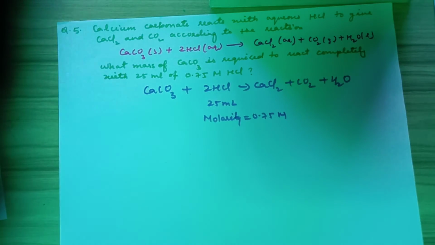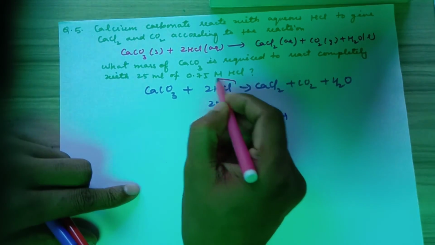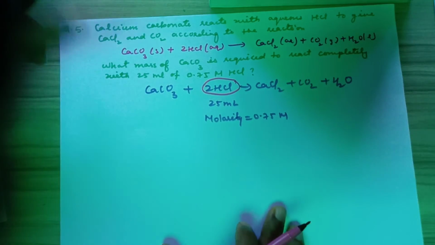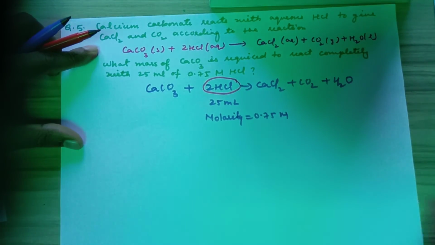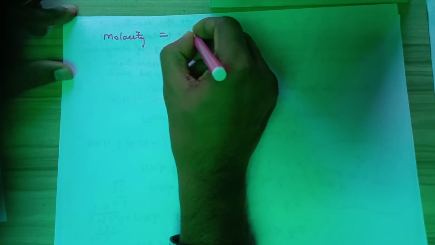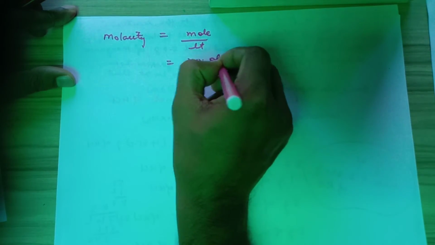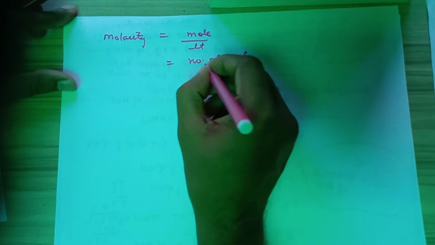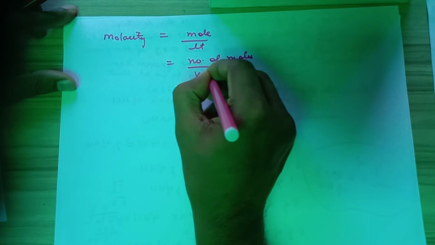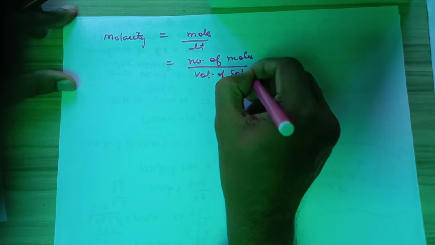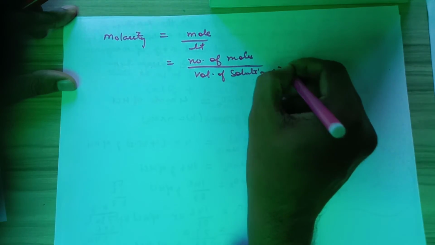Now firstly we have to know the amount of HCl. So let's first deal with molarity. Molarity is defined in terms of moles per liter, that is number of moles upon volume of solution in liter.